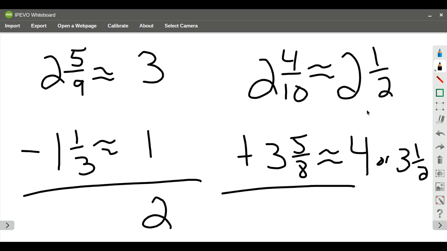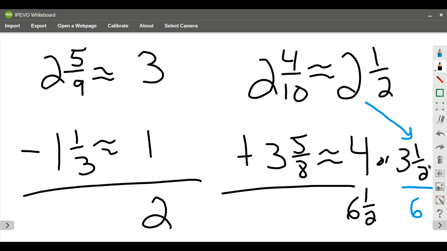And then 2.5 plus 3.5 would be 6. So if I added these two together, I get an answer of 6. And then when I do 2.5 plus 4, I get an answer of 6.5, both of which are reasonable answers. I just chose to round them a little bit differently.